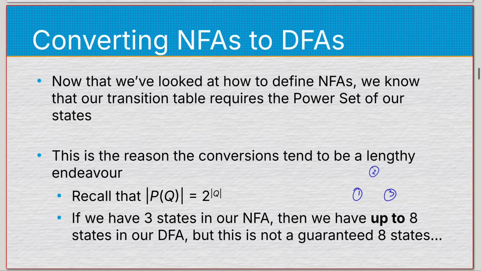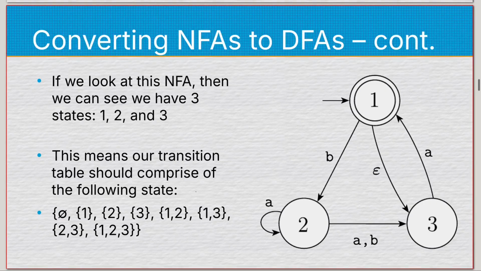Those would be all the actual states we can have. You can see that represented right here in this list. So again, null, 1, 2, 3, 1 2, 1 3, 2 3, and 1 2 3. Again, this is all using roster notation, so the order of the actual elements in the sets here doesn't matter.